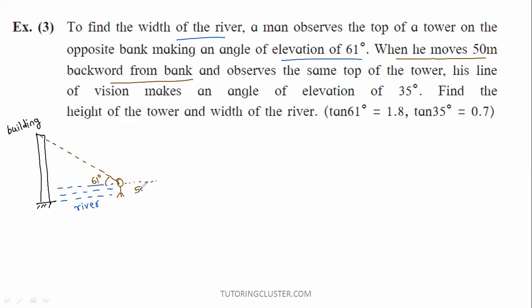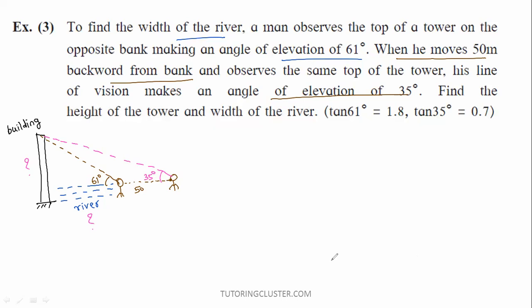So this is your 50 meter. Now observer is here. From this position, what is the angle of elevation? 35 degree. So now when he is observing this, the angle is 35 degree. Find the height of the tower and width of the river. Okay, I hope this diagram is clear.